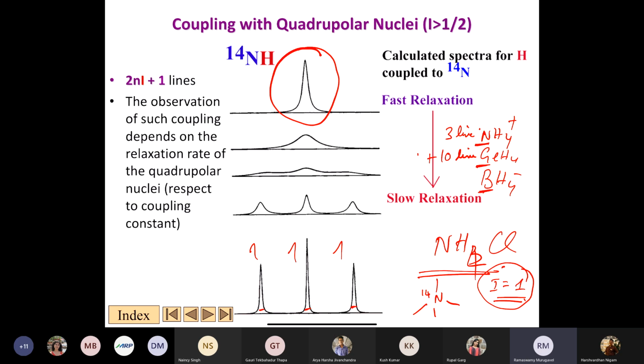And here you have 7 plus 4-line spectrum for this. So the NMR of these compounds are actually very interesting, almost like the fingerprint for such molecules. This is like a signature. One can actually characterize this using it.